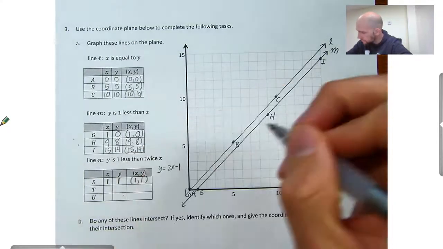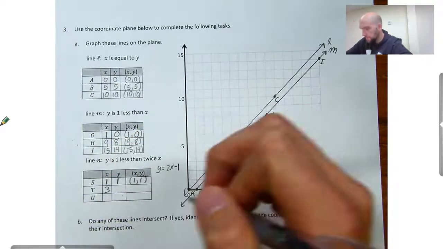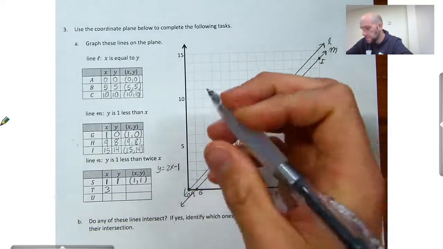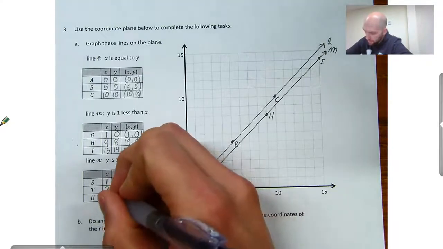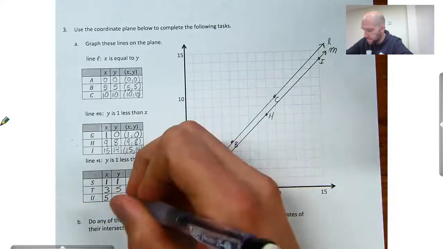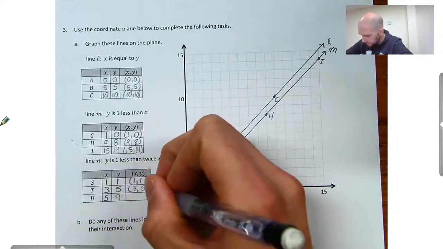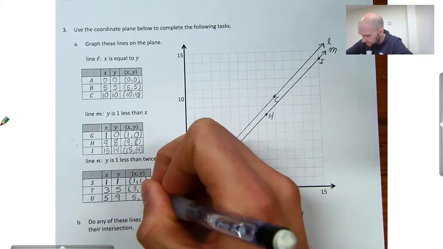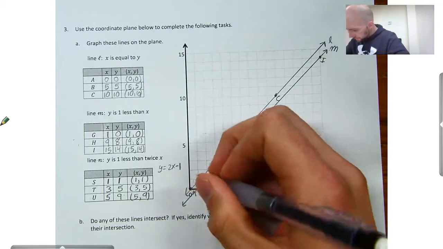And then let's do 3 as our x value. 3 times 2 is 6, minus 1 is 5. And then if we do 5, 5 times 2 is 10, minus 1 is 9. So 3, 5, and 5, 9. So we're going to have 1, 1, which is right here.